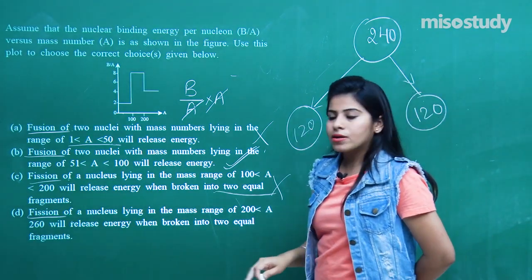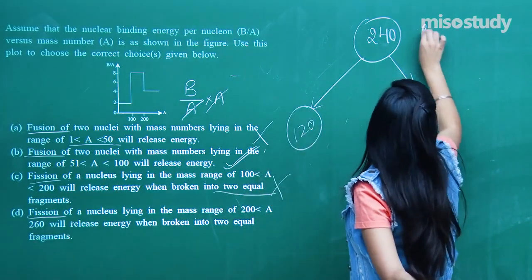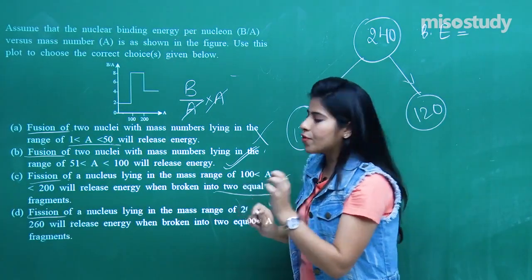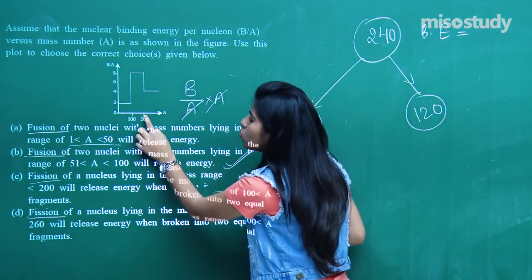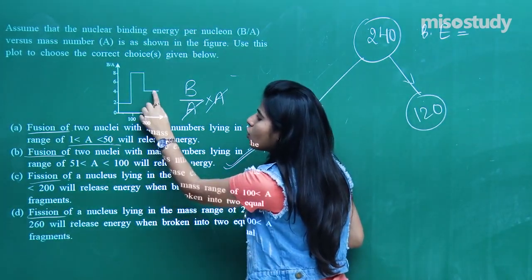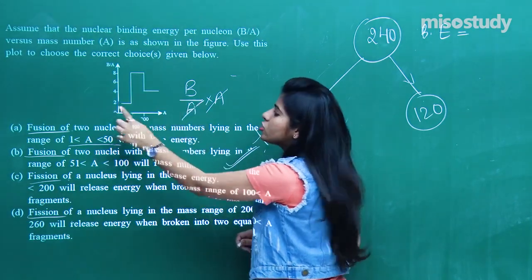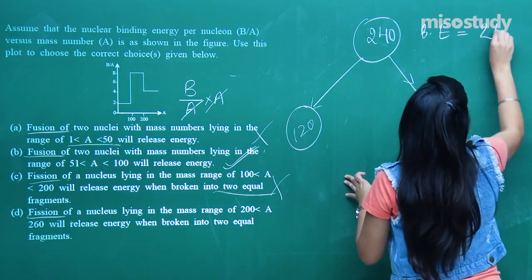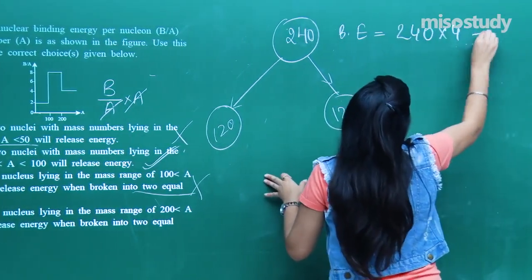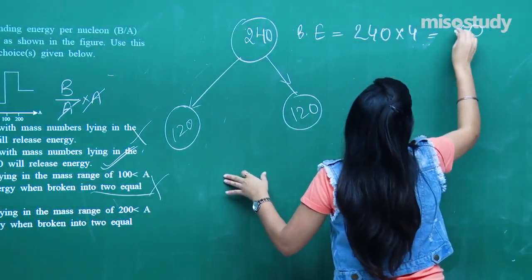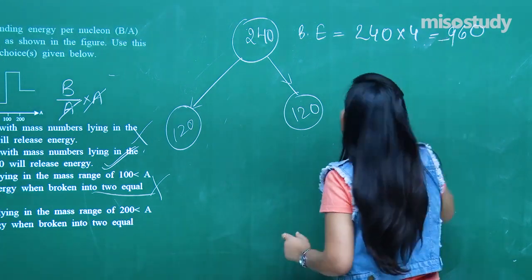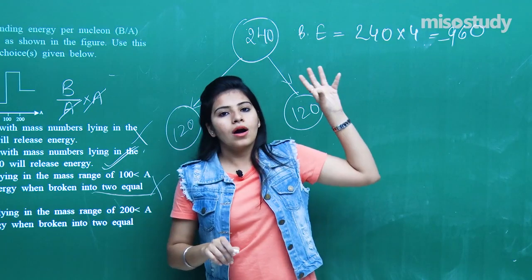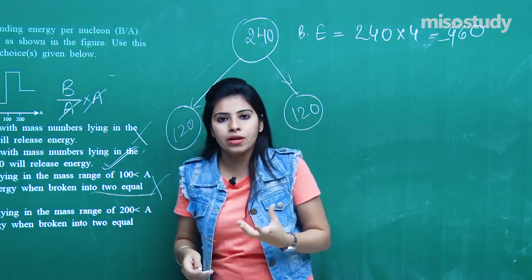Because we have considered 240, it comes in the range of 4, so your binding energy per nucleon is 4. So you multiply 240 by 4, which is 960, and that will be negative because we have to give this energy to make the fission happen.